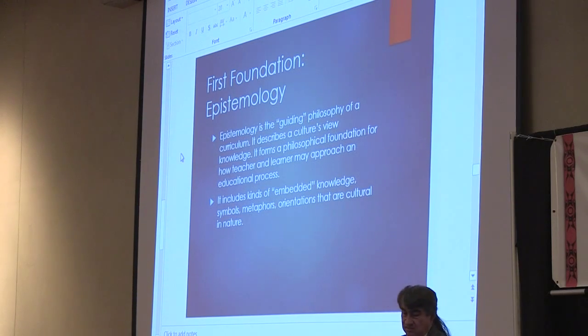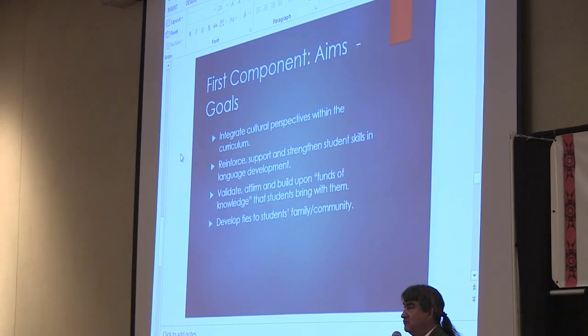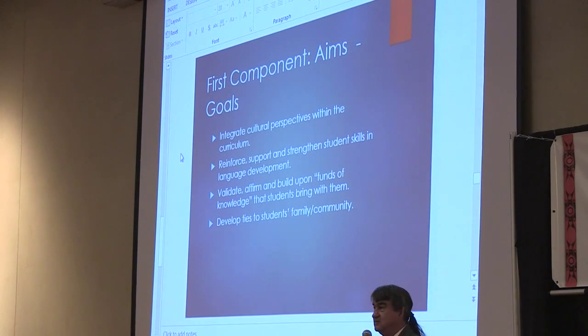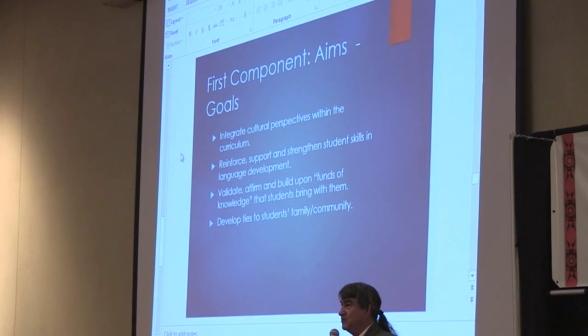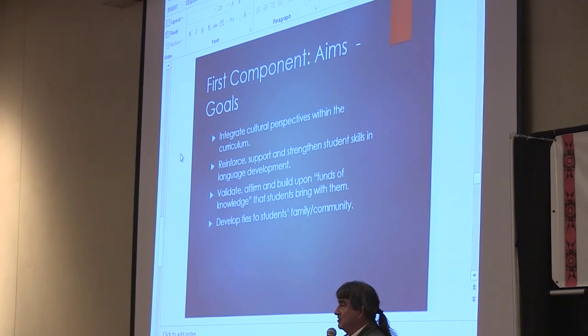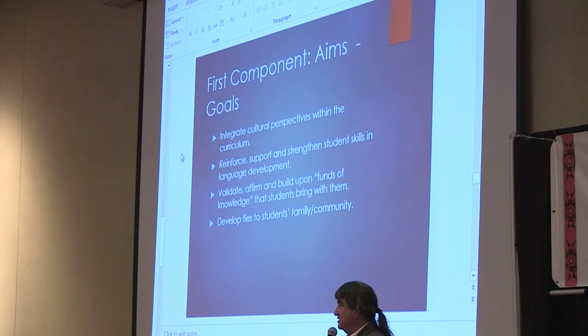Does that make sense? That we have different kinds of symbols. Like I'll use the Zia sun, okay, which is appropriated by the state of New Mexico, but the Zia sun has great deep meaning to the Zia people. It's an iconic symbol, okay?